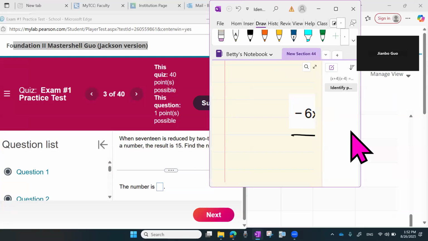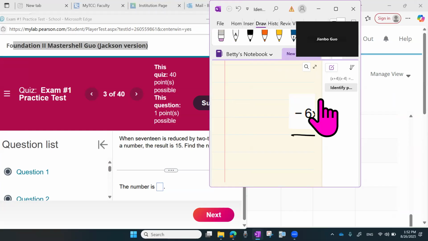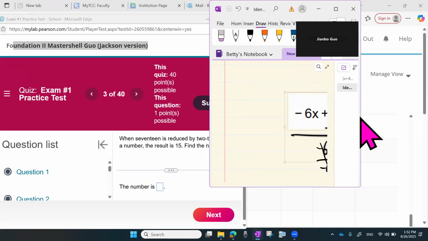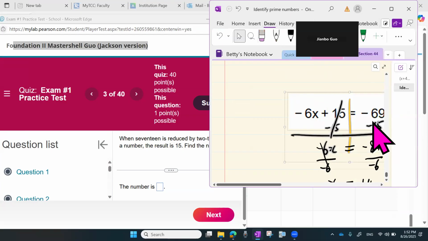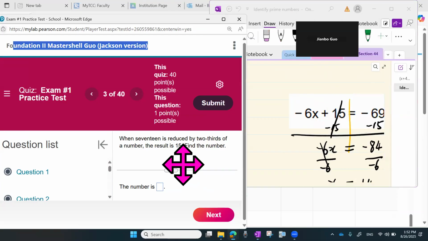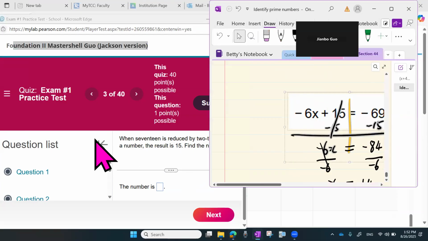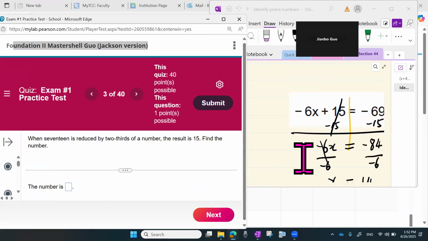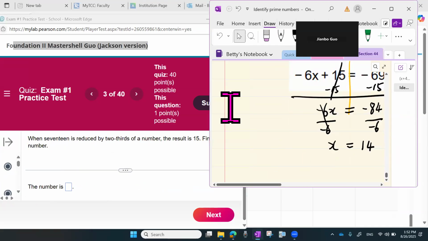I hope this works. And this one. It works, right?